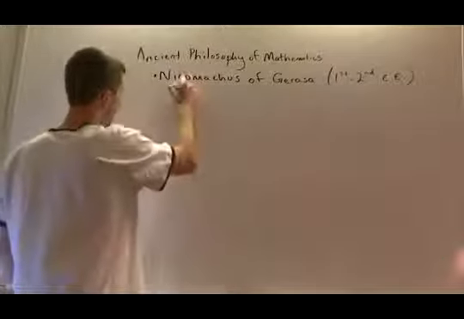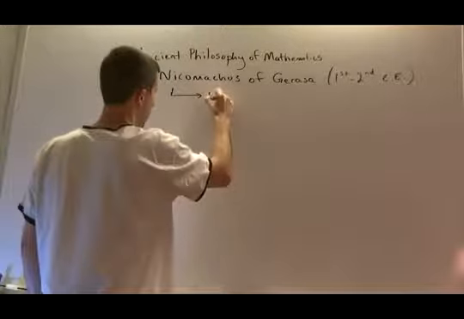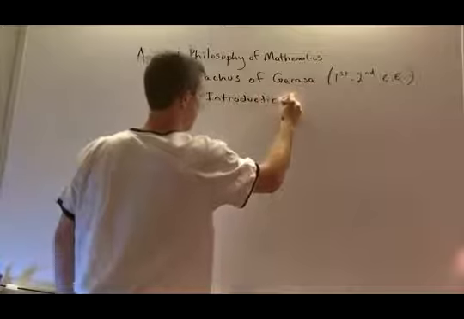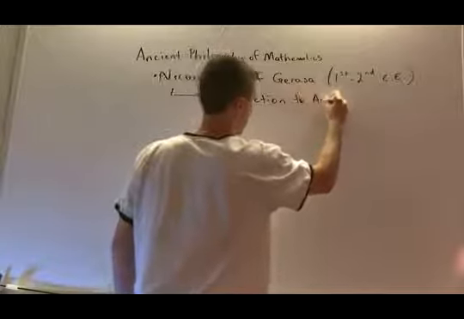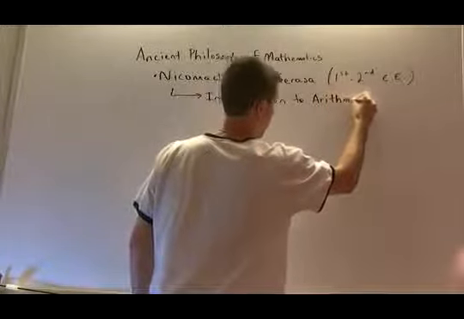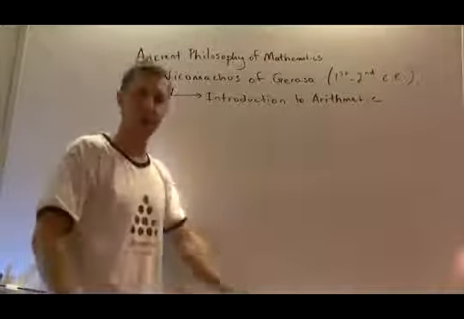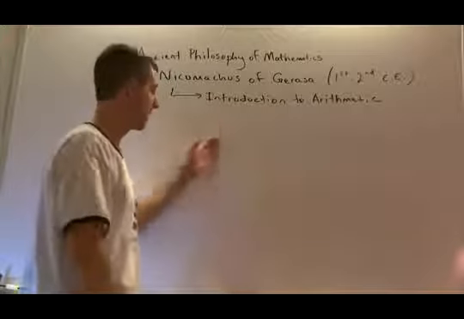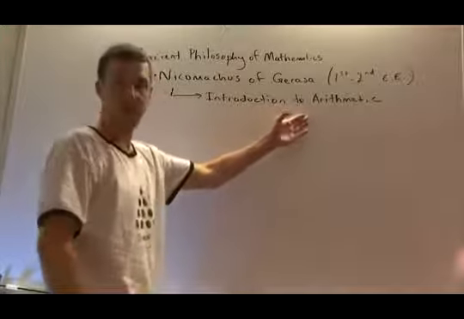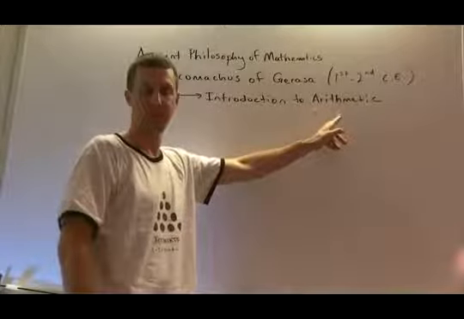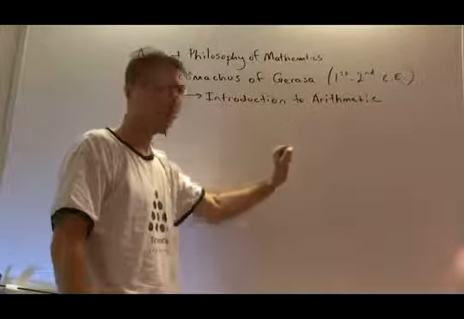Nicomachus wrote a text known as the Introduction to Arithmetic. And in the Introduction to Arithmetic, he begins by looking at the definition of the Quadrivium and also why arithmetic was the first to be studied in the Quadrivium.